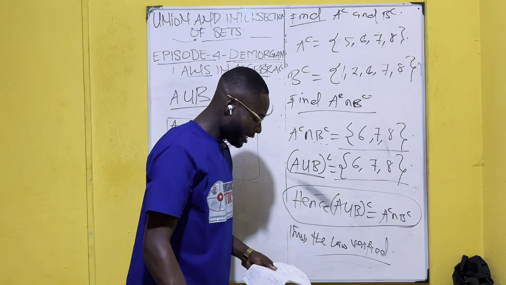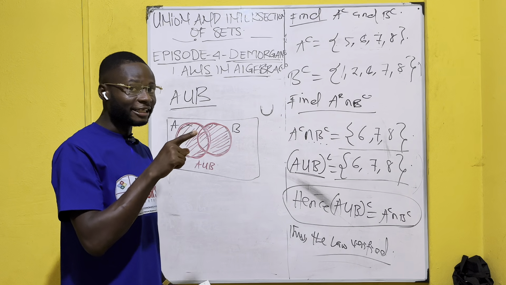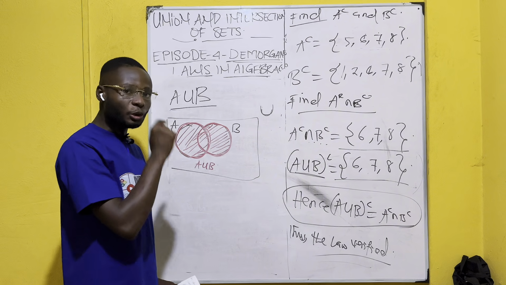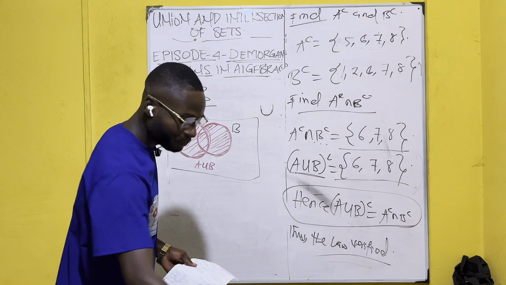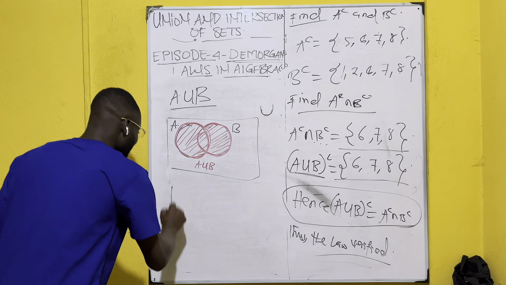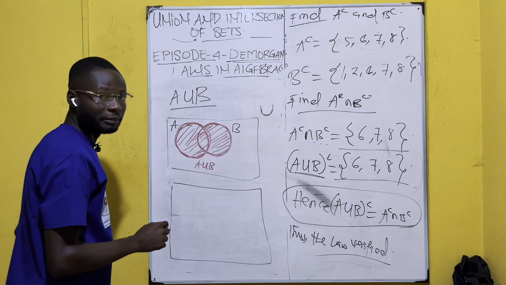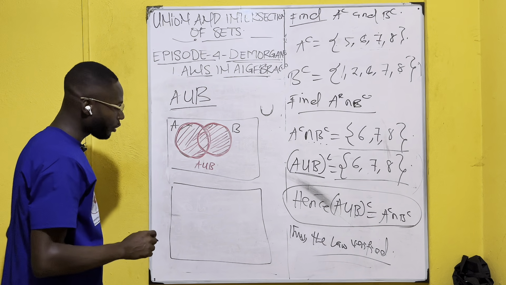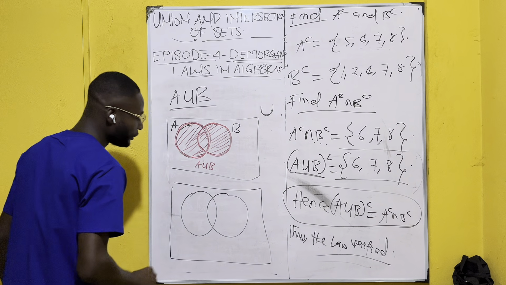Now let's go to A union B complement, because that is what we did in the law. So we are going to draw A union B complement in the Venn diagram. So the next illustration is A union B, all complement. So we have A here, we have B here.